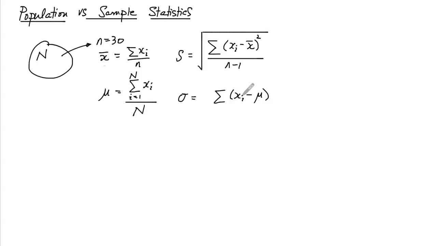So how much a person's height deviates from the population mean and not the sample mean, square this, and we divide this by the size of the population, capital N.